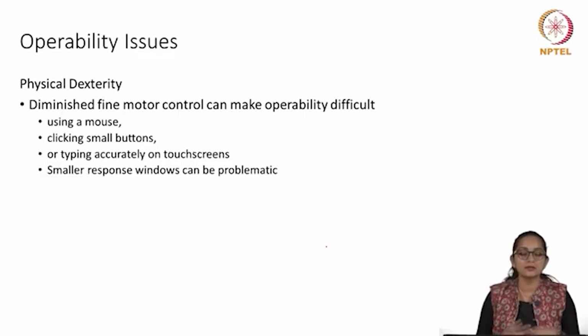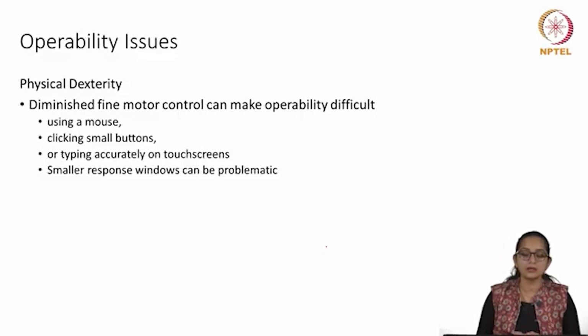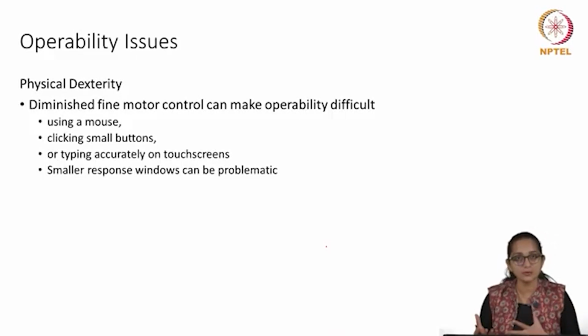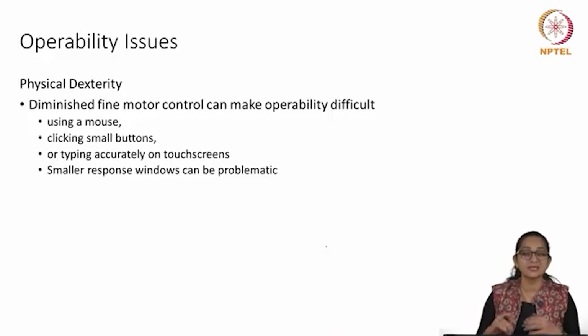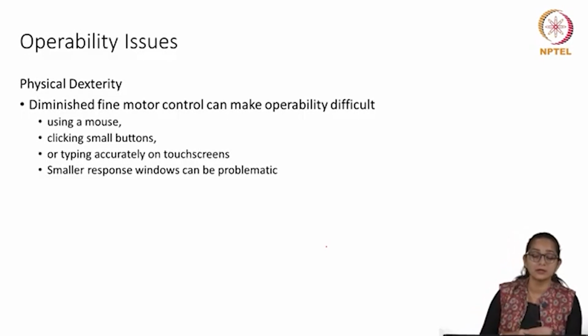But diminished fine motor skills can make it difficult to operate: using a mouse may be difficult, clicking small buttons may be difficult, typing accurately on touch screens may be difficult, and smaller response windows can be problematic.